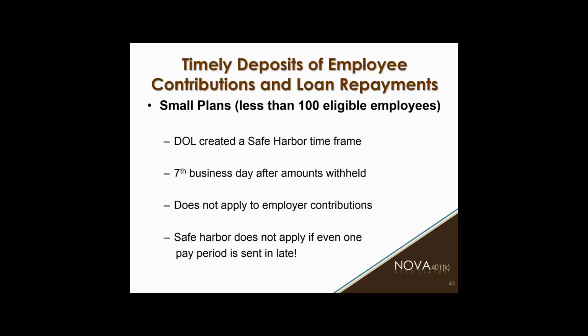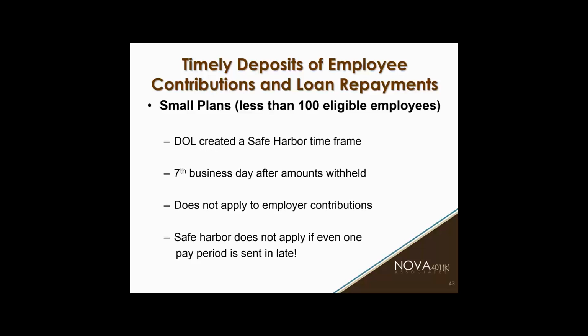Another very common error that we have to fix, and we do a lot of this type of correction work, is for employee contributions and loan repayments. So basically employee contributions, those contributions have to be sent in within a certain amount of time from the pay date. For small plans, the DOL created a safe harbor time frame.